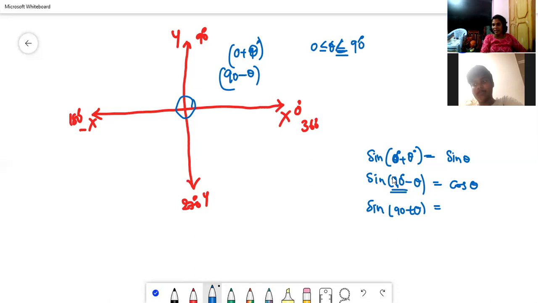Because 90 degrees minus theta comes in the first quadrant, and in the first quadrant all ratios are positive. So cos theta is positive. If sine of 90 plus theta is there, 90 plus theta is in the second quadrant, where sine is positive, so it is cos theta.